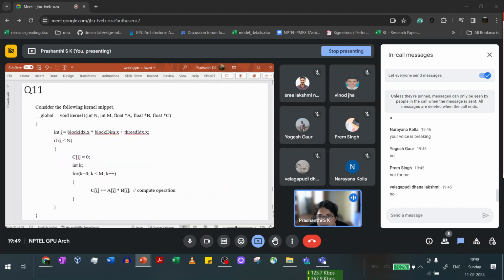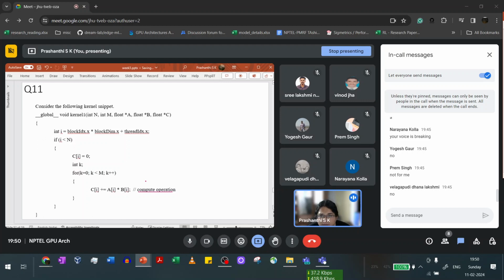Consider the following kernel snippet. Kernel 1, i is equal to blockIdx.x star blockDim.x plus threadIdx.x. If i less than n, C is initialized to 0 and you loop for k from 0 to m. C of i plus equal to a[i] star b[i], and this is referred to as the compute operation.